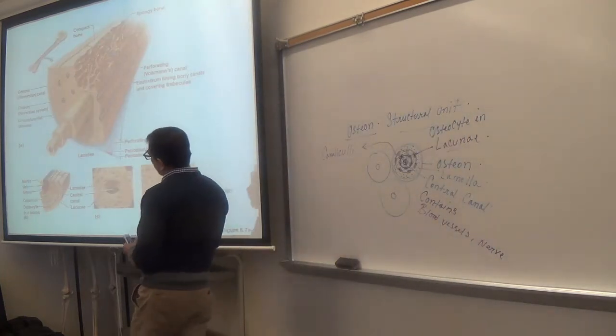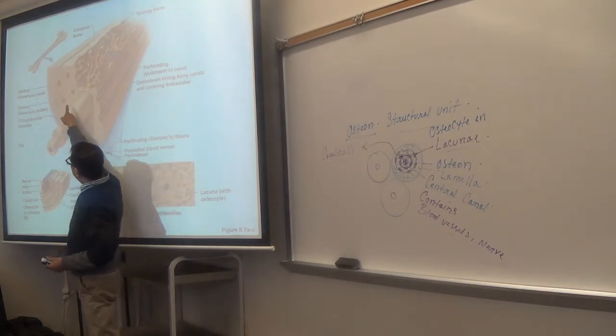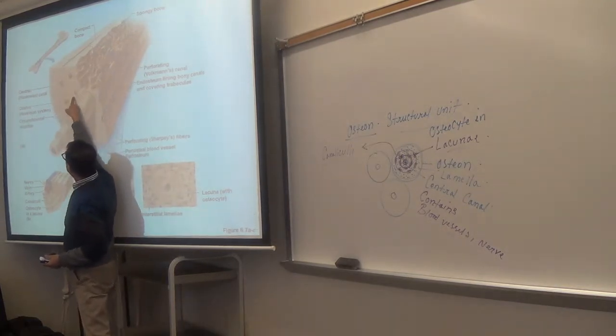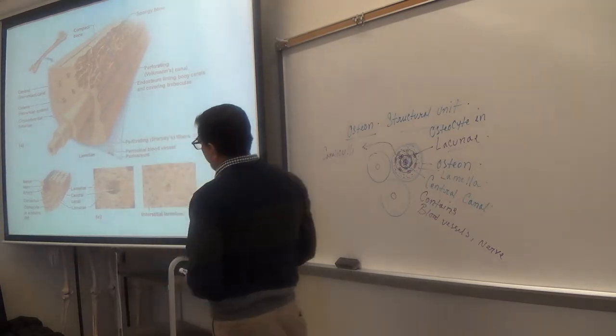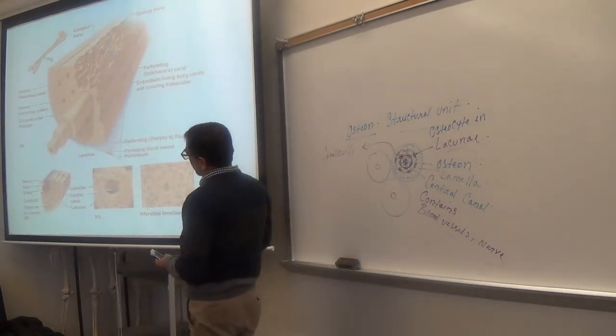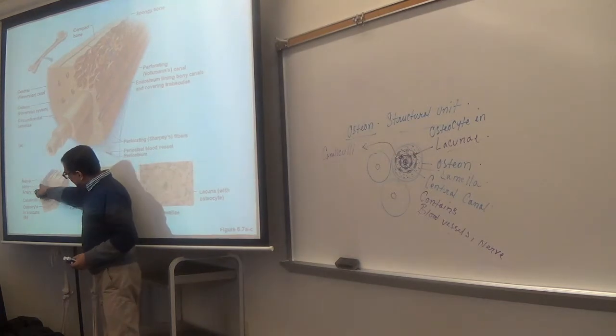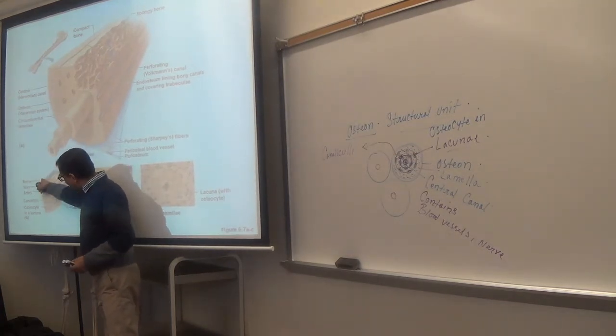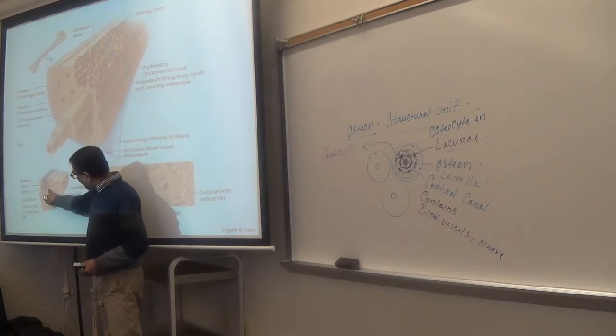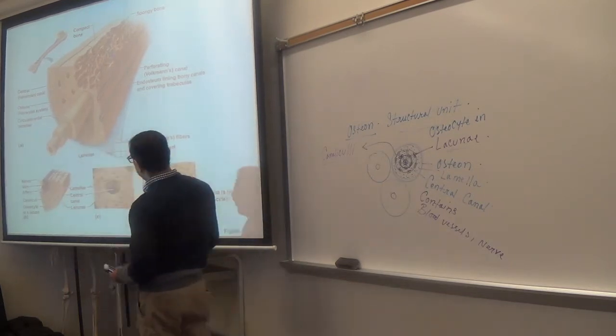Here you see this is one osteon. This is another osteon, right? So many osteons. And if you see the central canal, this is just a part of an osteon, a slice of an osteon. So you see the artery, vein, nerve, and you see the osteocytes in lacunae.